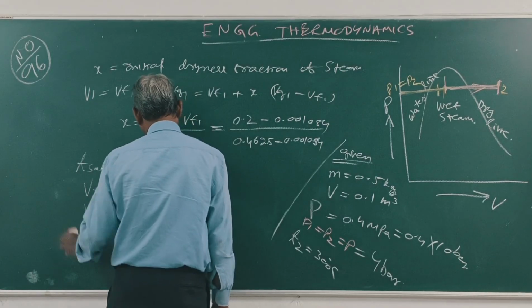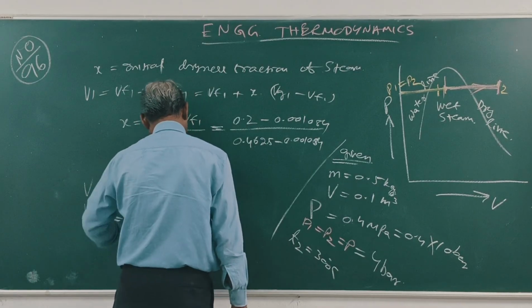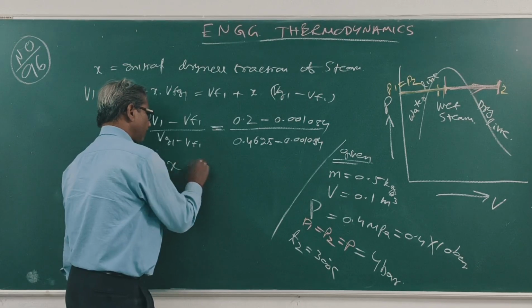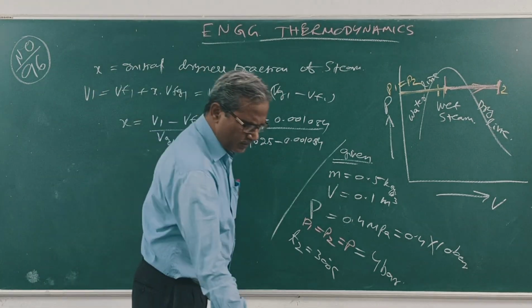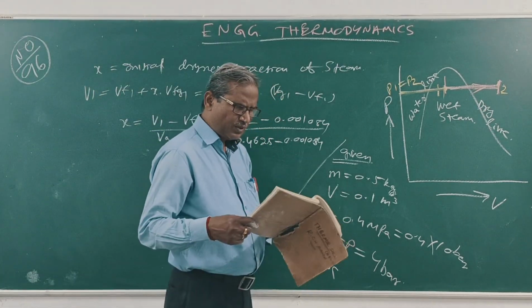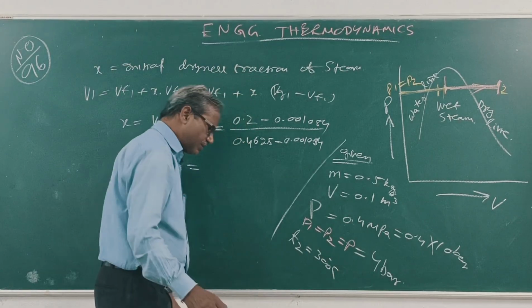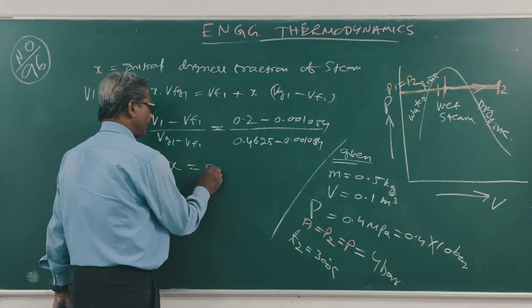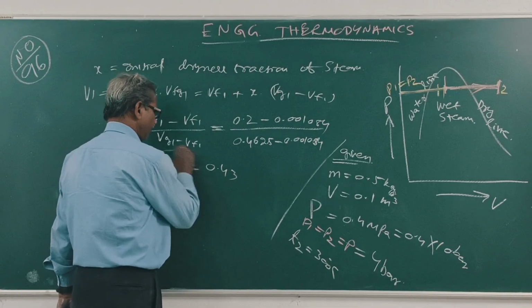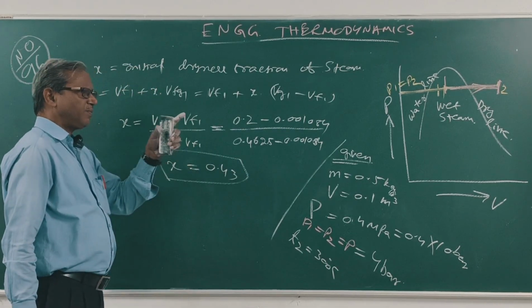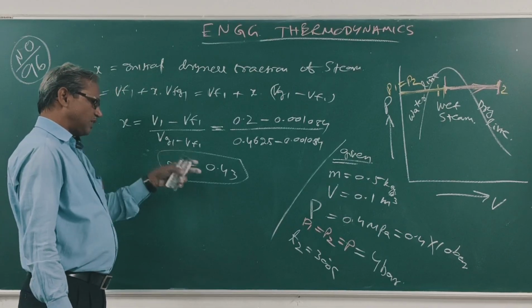Clear? Now we'll find x. The answer is 0.43. Clear? The initial condition is wet, x is 0.43.